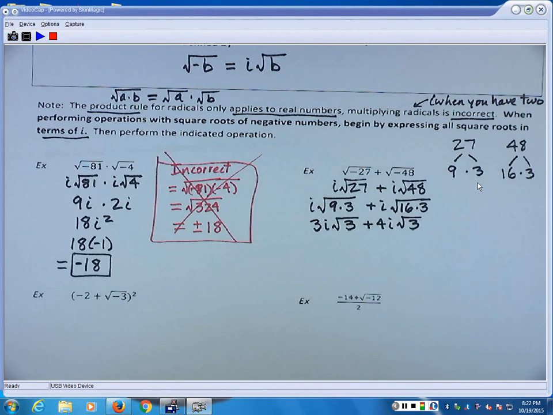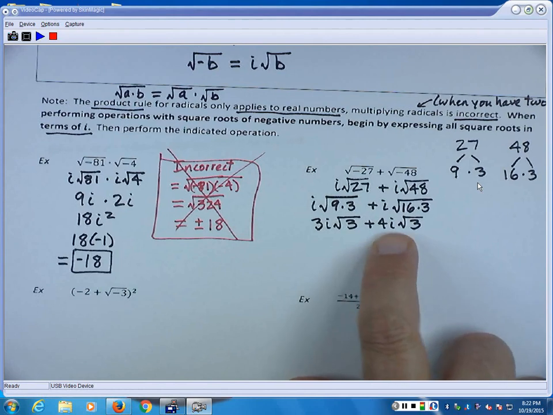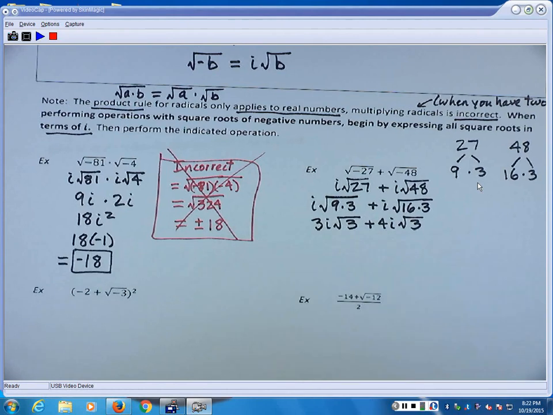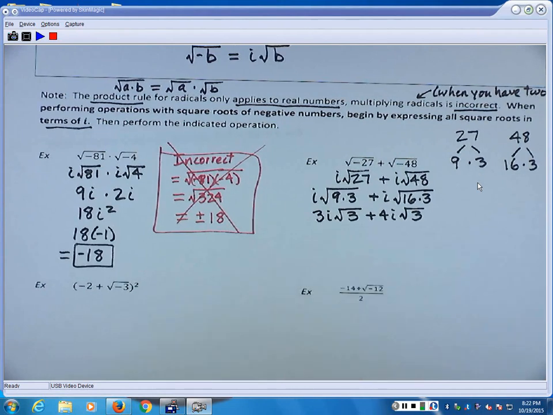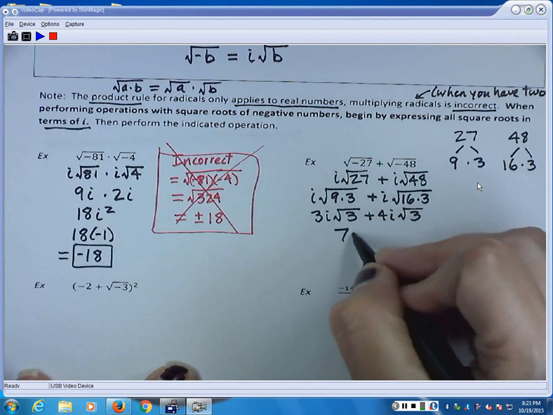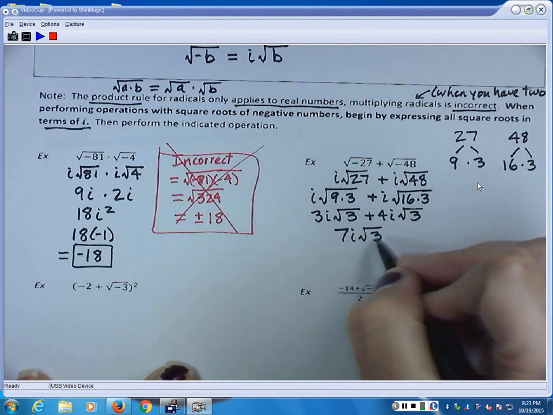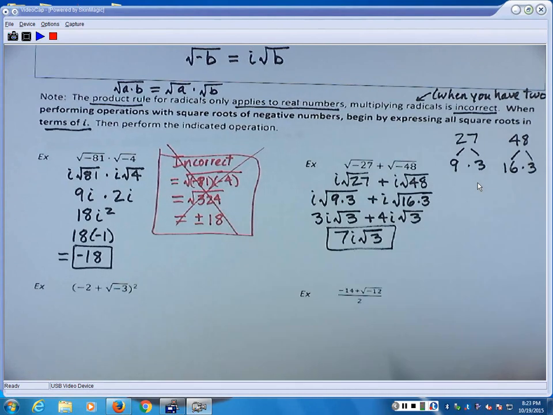Now we have like variables, the i, and we have like radicals. We can combine these. We have 3 plus 4 is 7. If one of these terms was missing an i, we couldn't combine those.